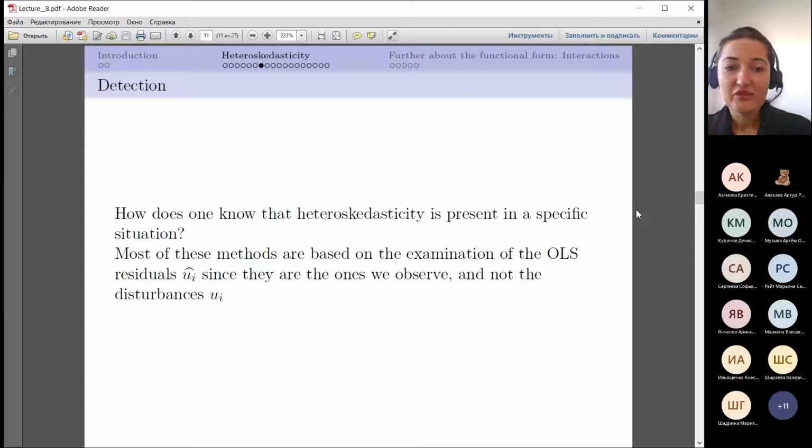And also I want to remind you that of course we talk about the error term when we talk about heteroscedasticity, but we cannot obtain the error, because the error term is unobserved. Instead of this, we again use the residuals. So all the tests, all the techniques for detecting heteroscedasticity are based on the residuals.